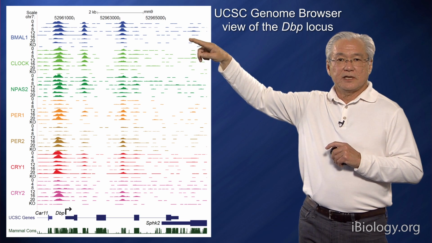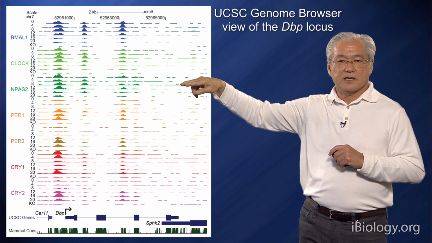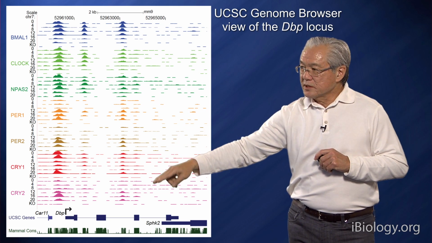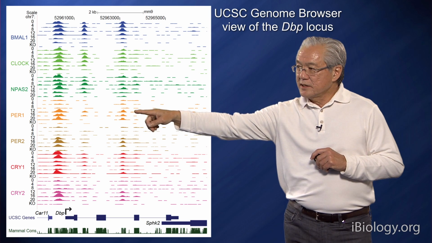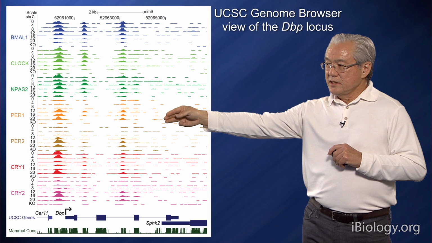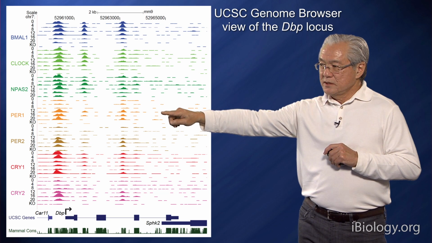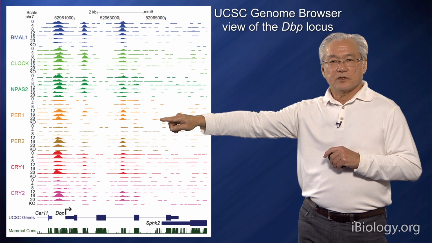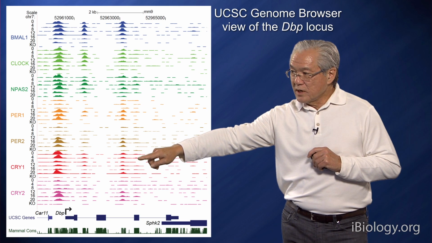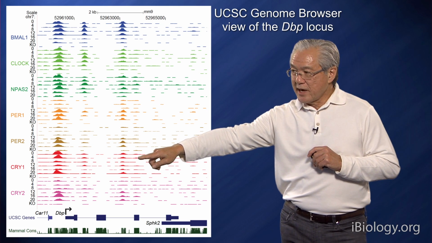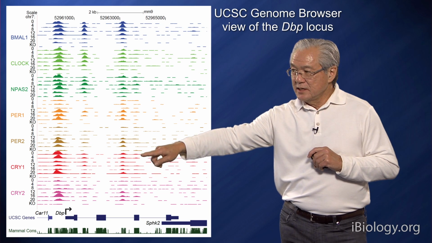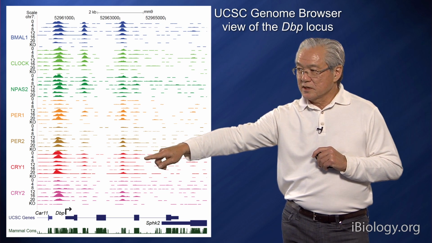They bind primarily from 0 to 12, which is the daytime. And then the repressors, PER1, PER2, and CRY2, also bind the same 3 sites, but their temporal pattern is different. They are binding between 12 and 20, which is the night. And then, interestingly, CRY1 shows a third pattern where it comes on to bind late at 20, peaks at 0, and then starts falling off at 4.